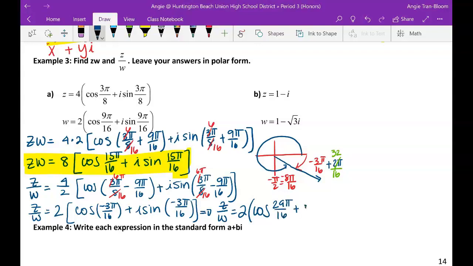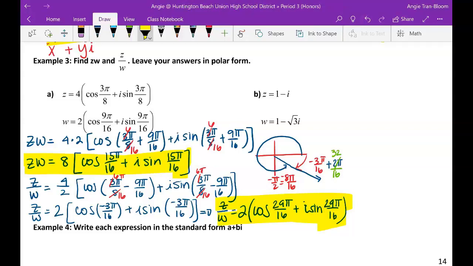And that's how you convert it to a positive angle. So now, with positive angles and positive radius, the division of z divided by w is 2 times cosine of 29 pi over 16 plus i times sine of 29 pi over 16. So that is for that one.